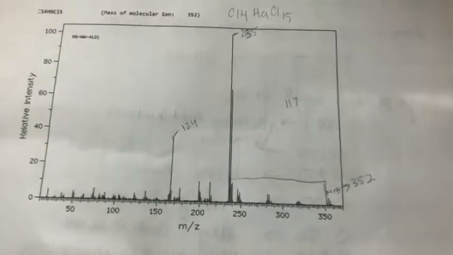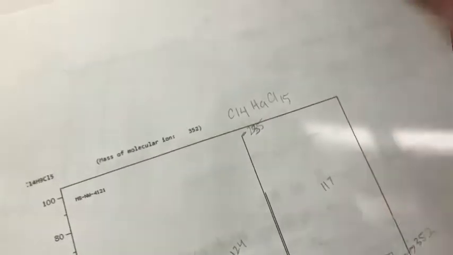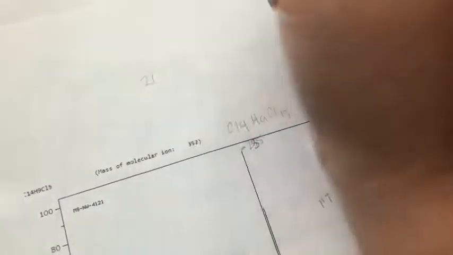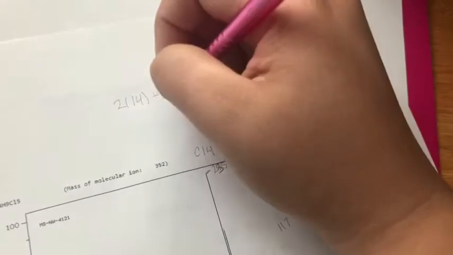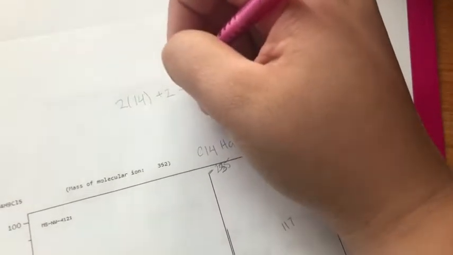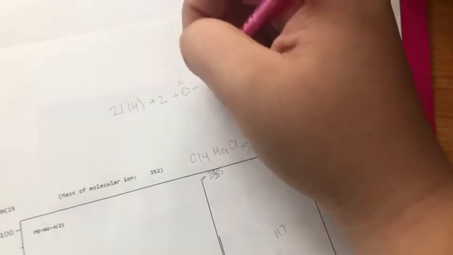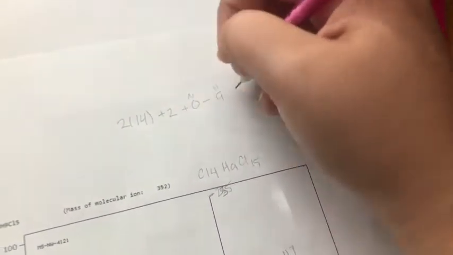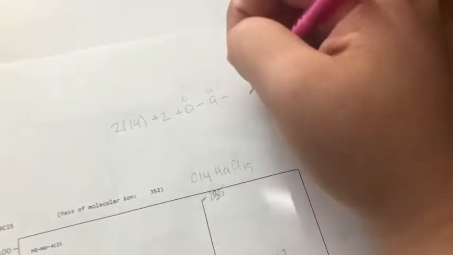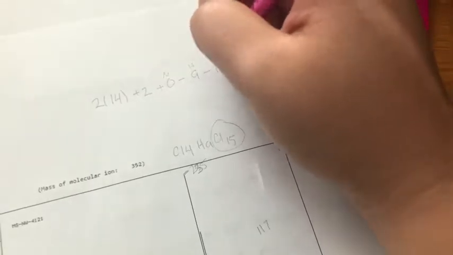information either. For our degrees of saturation, we have 2 times the number of carbons, plus 2, plus any number of nitrogens, which we have none, so 0, subtracting the number of hydrogens, which is 9, and subtracting the number of any halogens, which we have chlorine right here, and there's 5 of them.